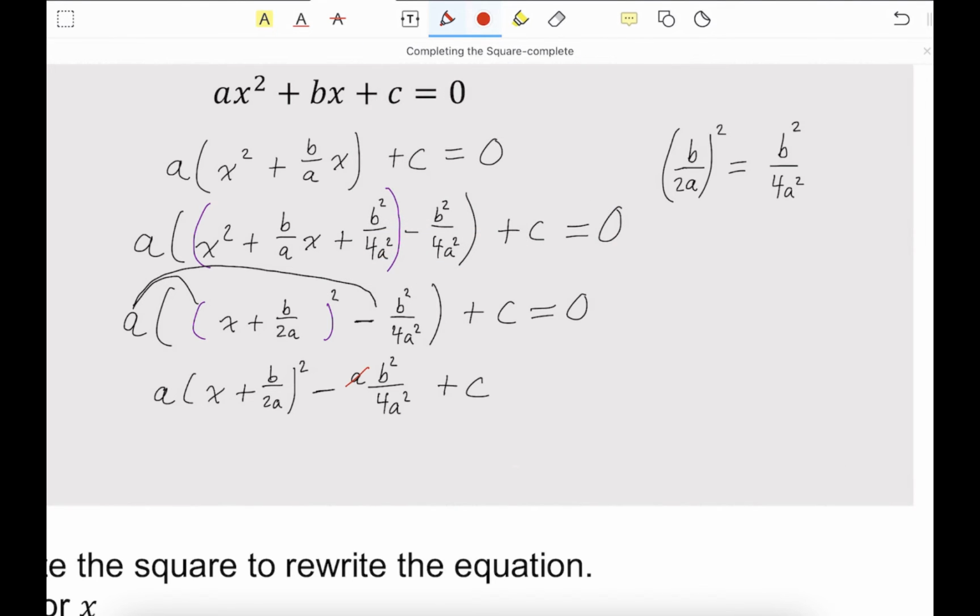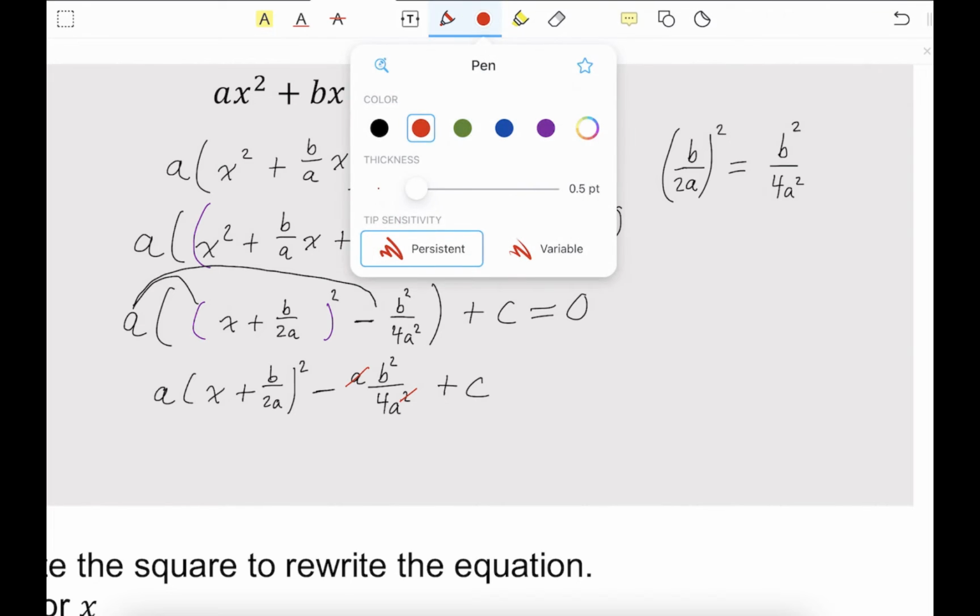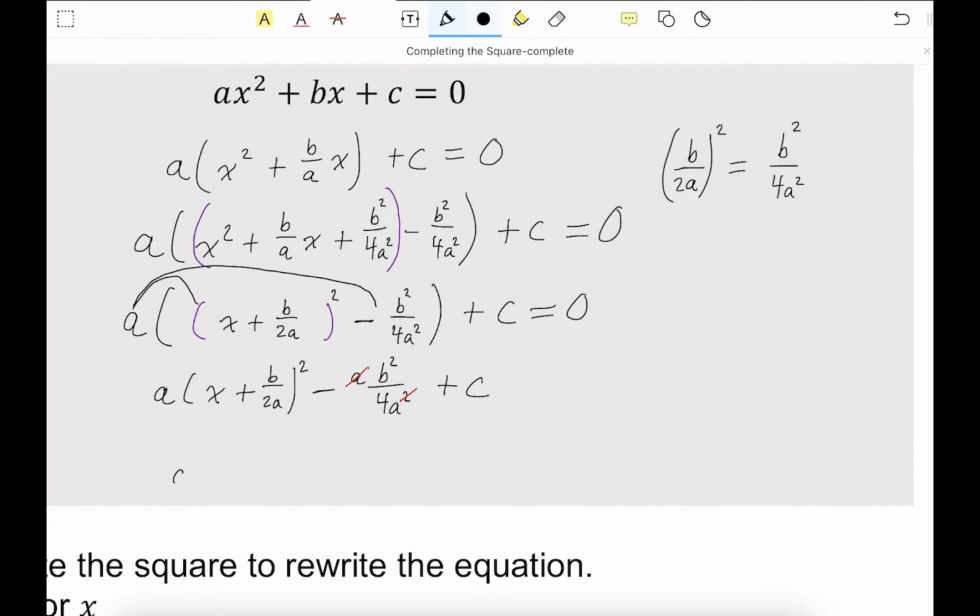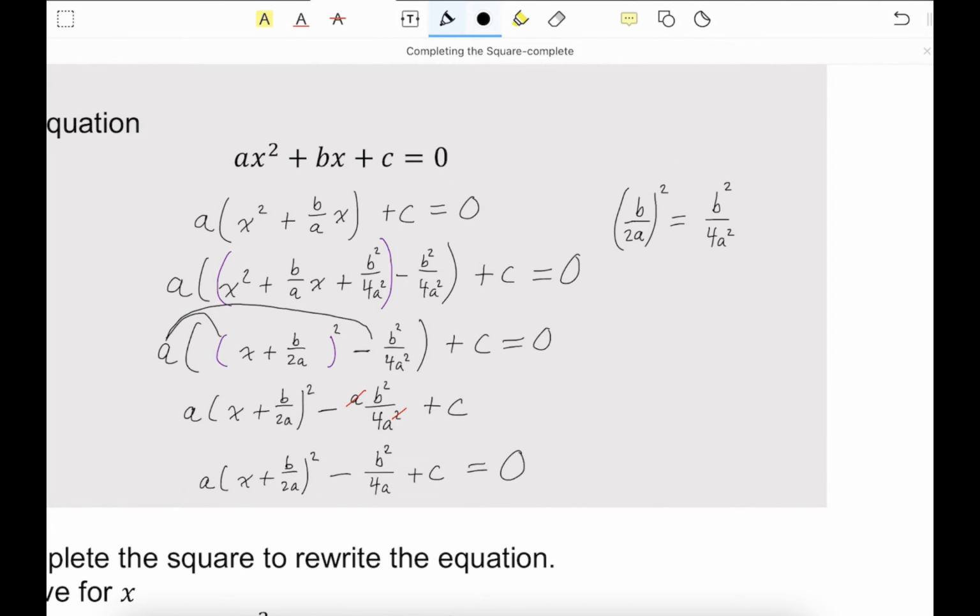Here we have the a's cancel, and I can write this as a times x plus b over 2a squared minus b squared over 4a plus c equals 0. If you would continue with this and solve for x, you'll notice that you'll get the quadratic formula.